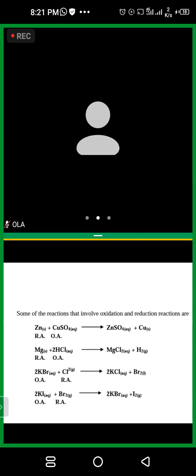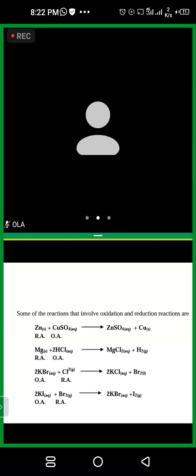See the example, the first one, zinc. Under it, we have RA, meaning reducing agent. Then plus CuSO4, which is the oxidizing agent. What happened to zinc? SO4 is now transferred to zinc because zinc reacts with the SO4. So that means zinc has been oxidized. But zinc is a reducing agent.